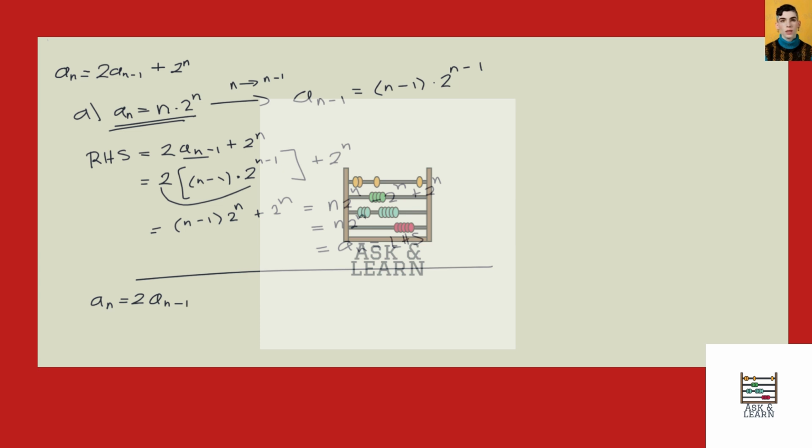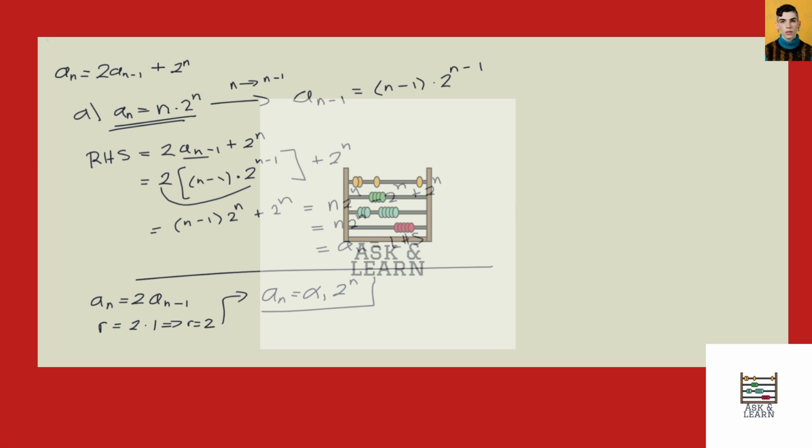Then the characteristic equation is r equals 2 times 1, so you just have r equals 2. Then the solution to the homogeneous part is a_n equals alpha_1 times 2^n. The solution to everything is just going to be the sum of this and of this.